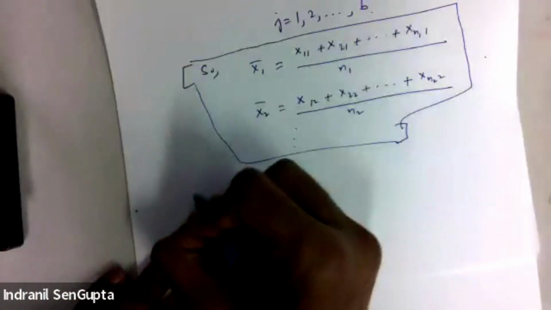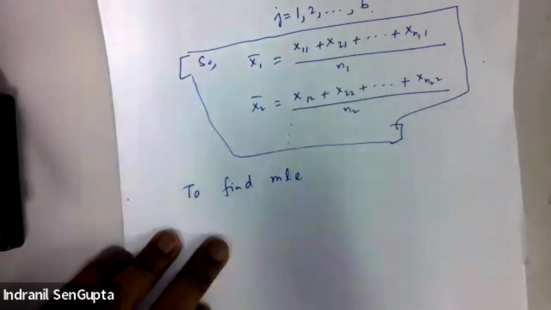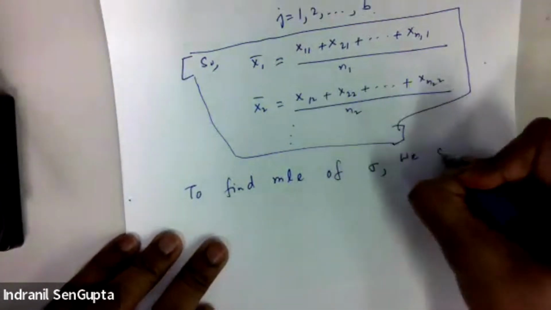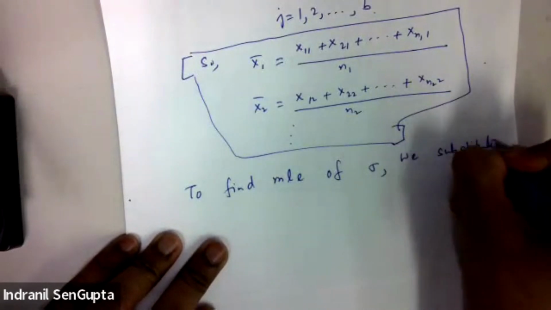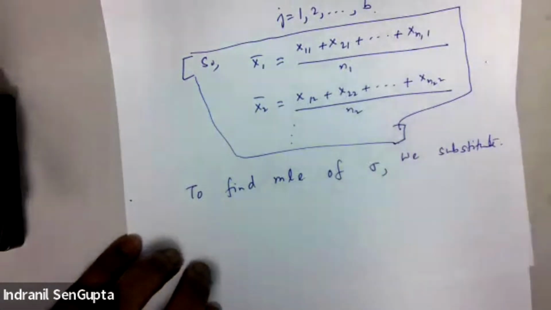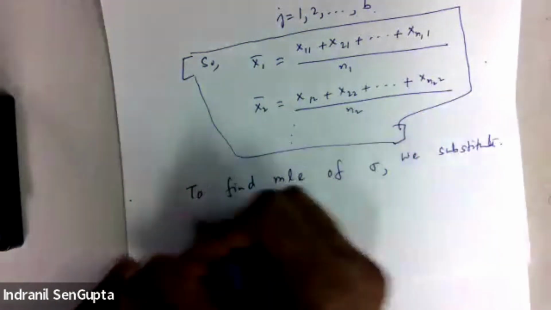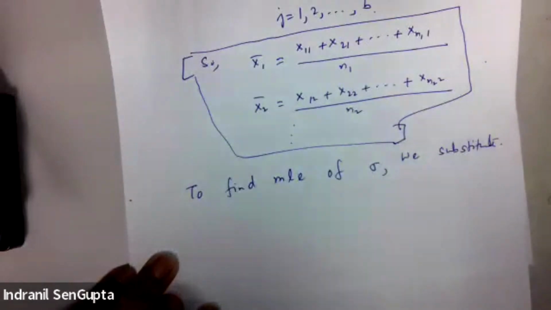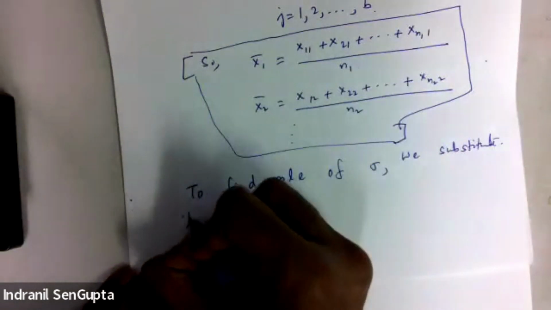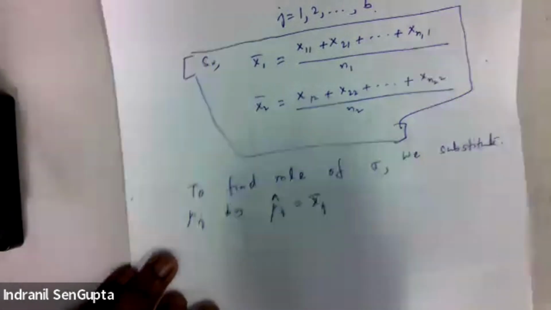To find the MLE of sigma, we substitute mu sub j by mu sub j hat, which is x j bar.